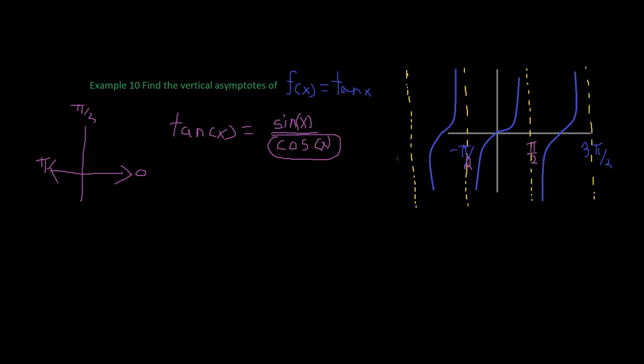And negative 3 pi and a half. And so there's a trend happening. Remember what the question's asking us: find the vertical asymptote of this given function. And we could tell there are infinitely many asymptotes.